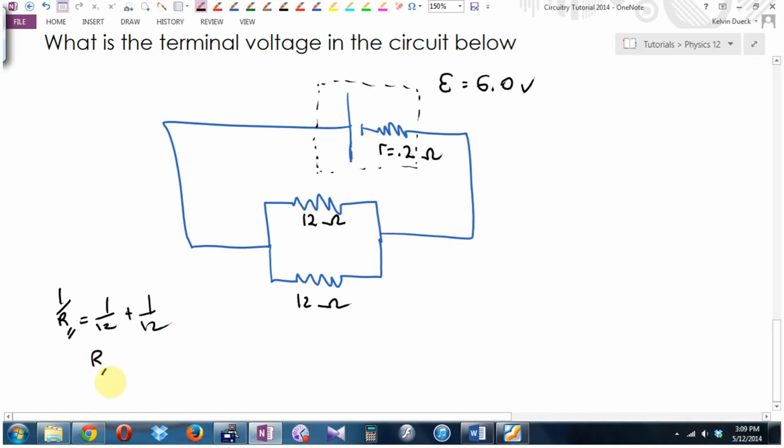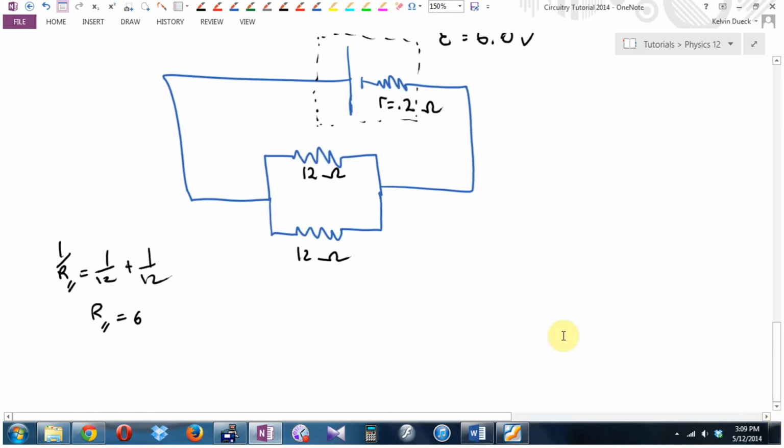So I think R parallel is 6, which means I can rewrite this circuit as six volts, 6 ohms, and an internal resistor, what did I say, of 0.2 ohms.